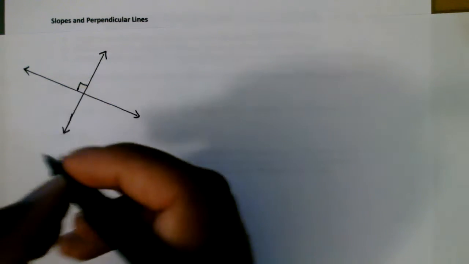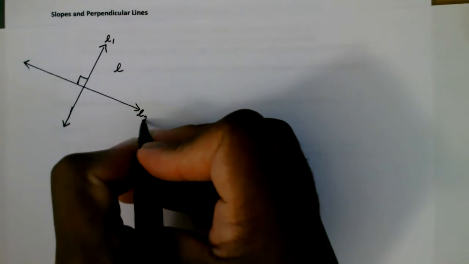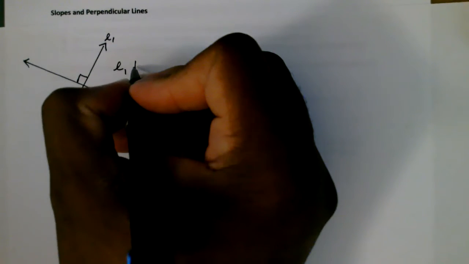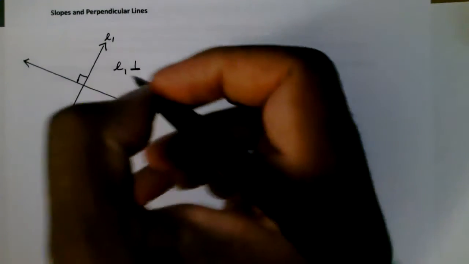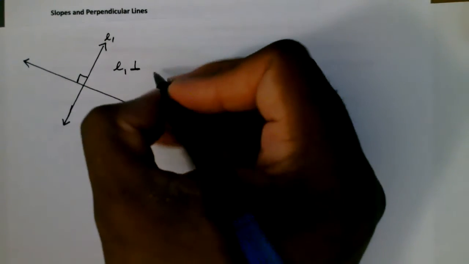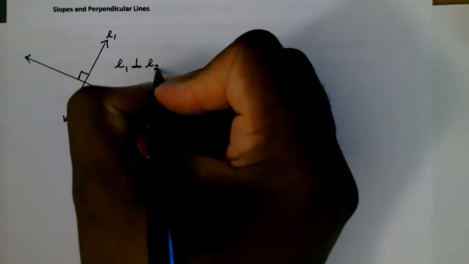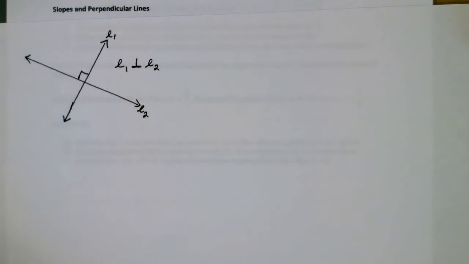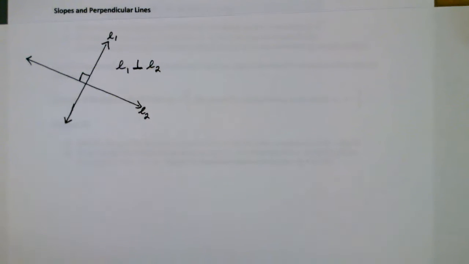That's a right angle. And the notation for that, if I let this be L1 and this be L2, then L1 is perpendicular to, that's the symbol for is perpendicular to, L2. Right, that's what we mean by perpendicular lines.